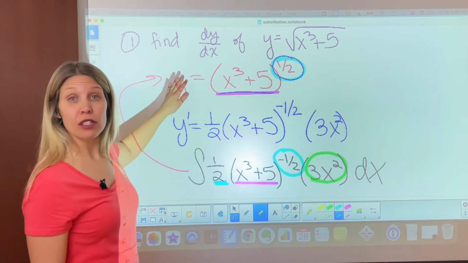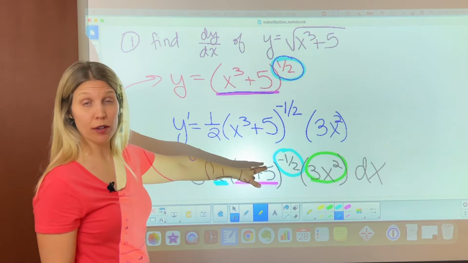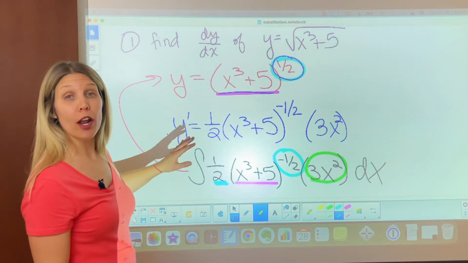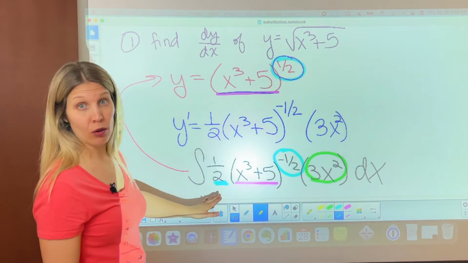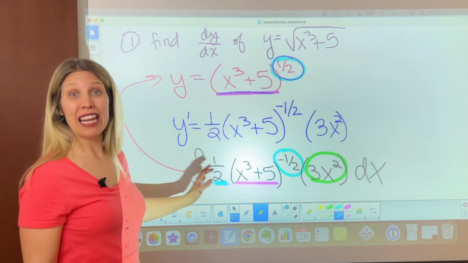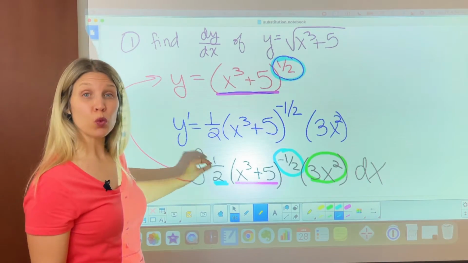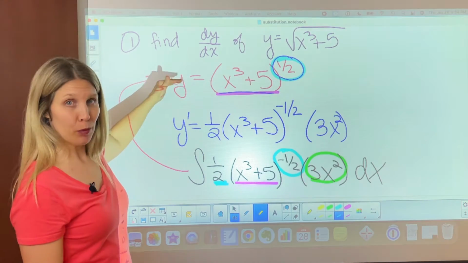The 1/2 does not show up in your answer because, for the rule for integration, when you add 1 to your exponent, you put 1 over that number out front. These pieces right here will cancel out, and this is how you'll get your answer. So notice that the integration piece looks really messy, but sometimes the answer looks much simpler.